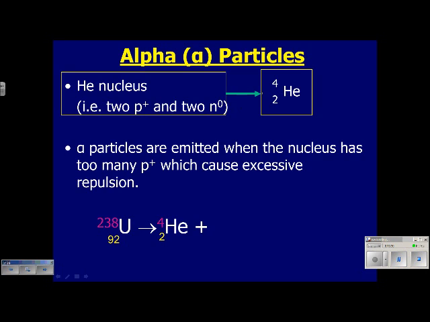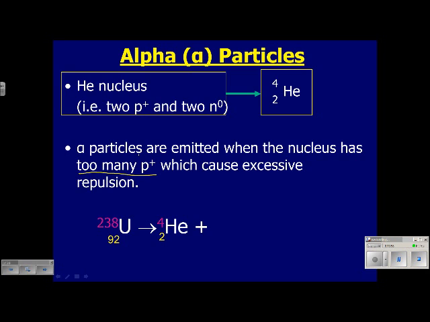And why would a radioactive element give off an alpha particle? Well, it turns out that if an element has too many protons, when it comes to the nucleus, a nucleus is most stable when it has approximately the same number of protons and neutrons.